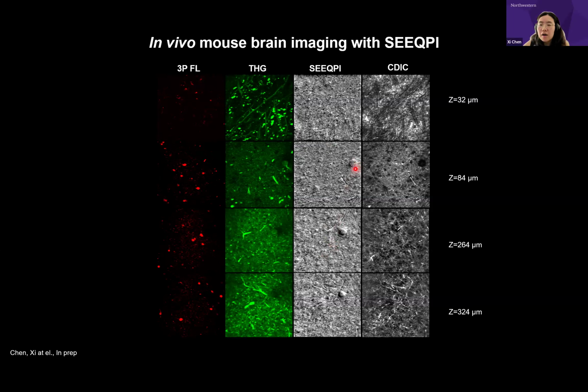This big circle is a major blood vessel that goes through the imaging slab that we imaged. And we can also look at the axons, the dendrites, and also different individual somas of the cells. And the last column is confocal DIC images. With CQPI compared to CDIC, we can see the neuron body clearly. I will show you more images as we zoom in to this smaller region of the images.